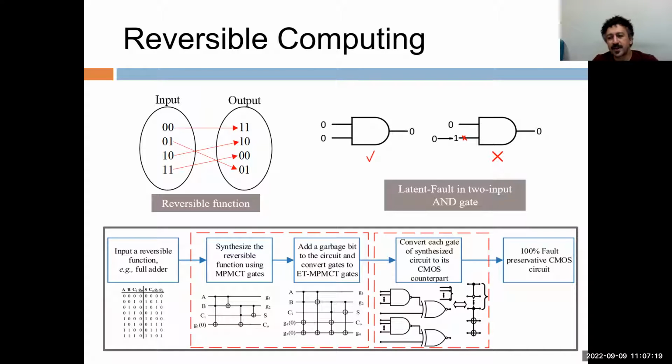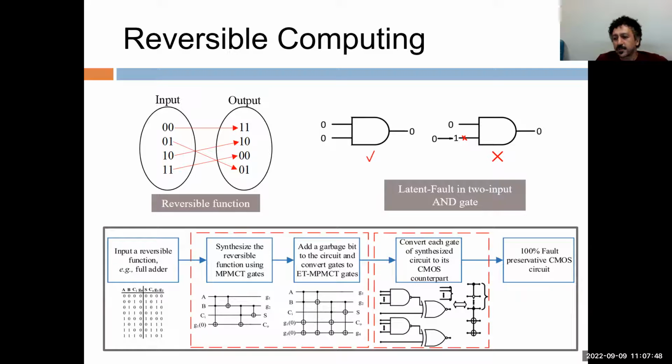For example, on the right-hand side, there is a basic AND gate. Even for an AND gate, very basic, with 2 inputs and 1 output, you cannot tell the input just by checking the output. You can just tell the output when checking the input. So in conventional computing, inputs are determining the output, but vice versa is not applicable.